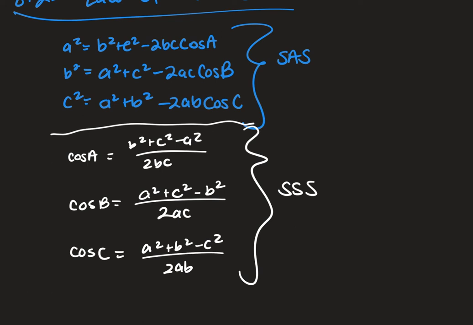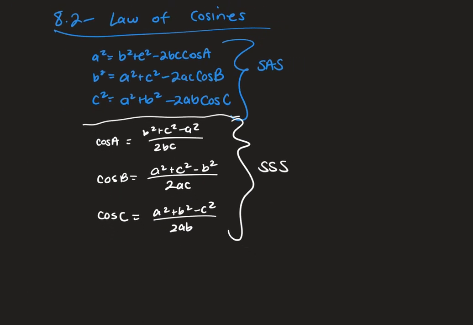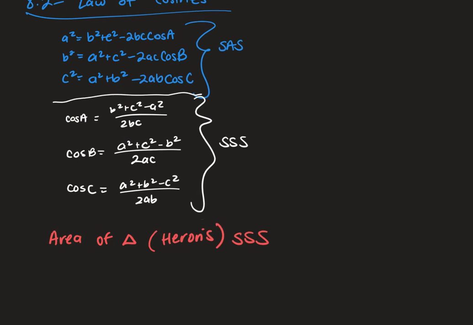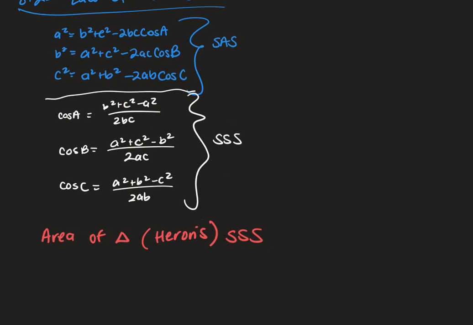The area ones will say find the area of the triangle. And this is Heron's formula. It depends on what you're given. If it's side angle side, you use that first one. If it's side, side, side, they'll give you 3 sides. They're either going to give you lowercase a, lowercase b, lowercase c, and you use Heron's, or they're going to give you lowercase, lowercase, uppercase, one of each letter.